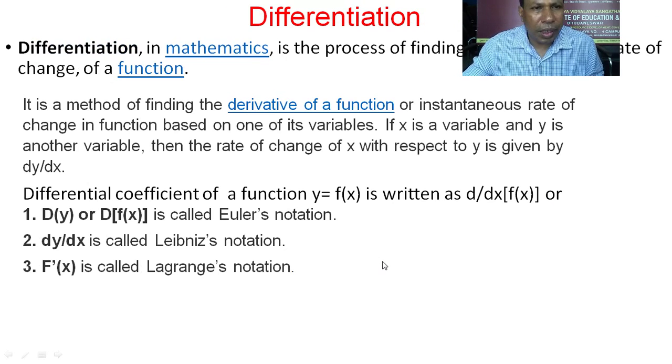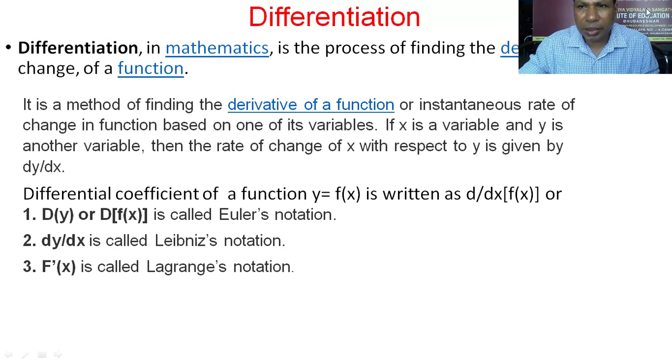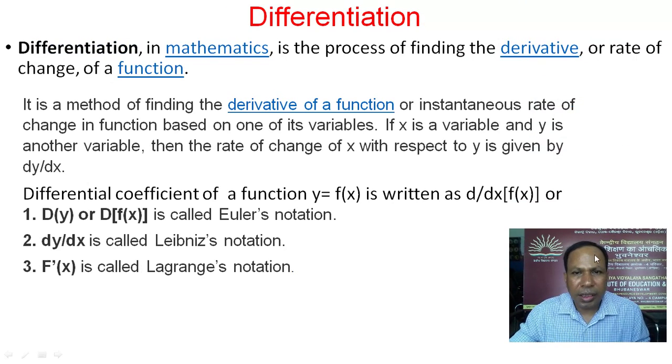Next comes differentiation. What do we mean by differentiation? Differentiation in mathematics is the process of finding the derivative. The derivative, as we have already discussed, is the slope of the tangent to a curve at a given point. Differentiation is the process by which we find the derivative, or rate of change, of a function.